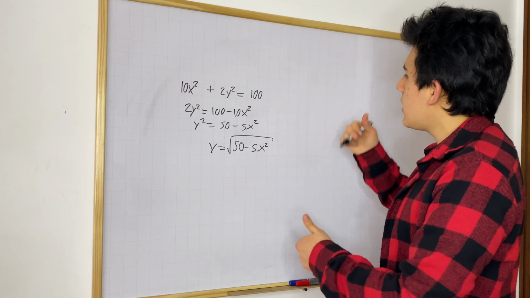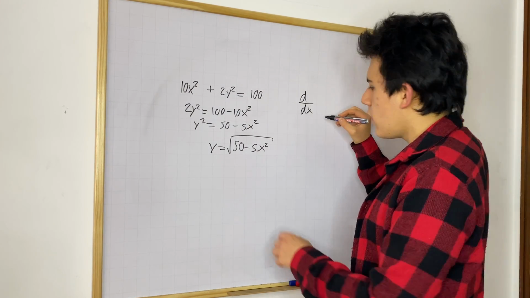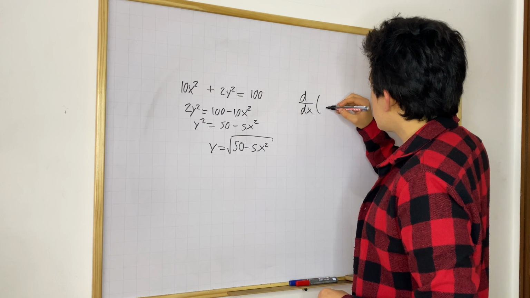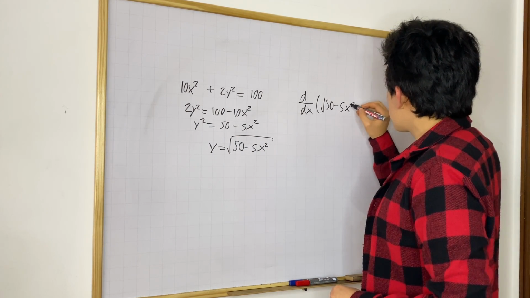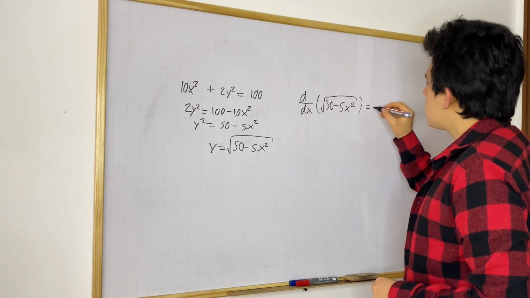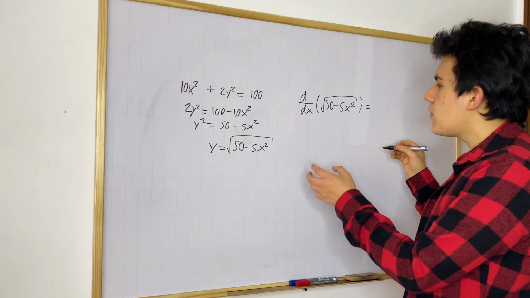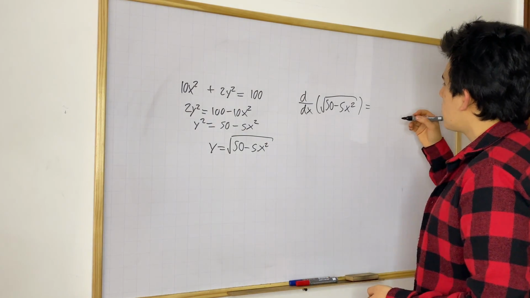So we could say that the derivative of y is equal to the derivative operator of this function, the square root of 50 minus 5x squared. Okay? Now how much is this? Well, we know this is the same as the derivative of this expression to the power of 0.5.